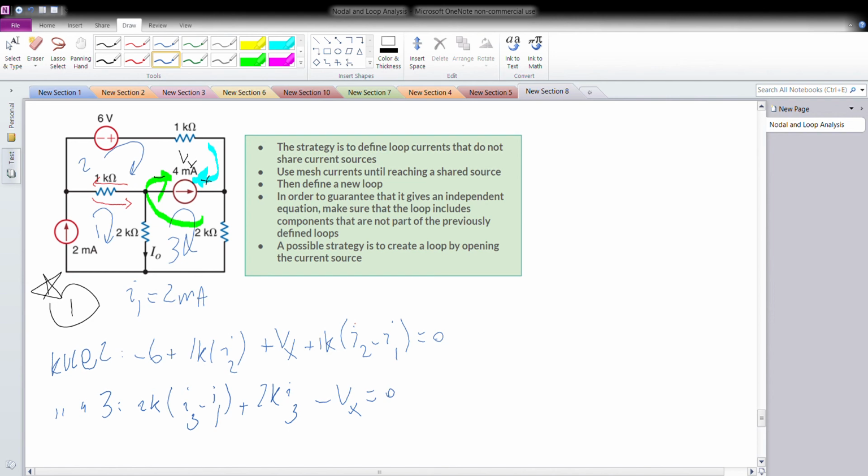Now, the cool thing I'm going to do, in order to get rid of that extra variable that I defined, the Vx, is combine the two KVLs that I wrote together. You want to combine the KVLs that have that arbitrary voltage. In this case I only wrote 2, so there's only 2. But sometimes you might write 4 and just 2 of them have that arbitrary voltage.